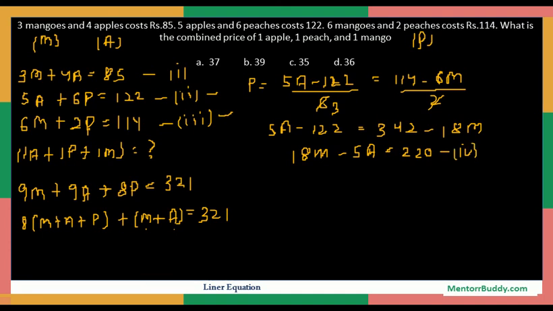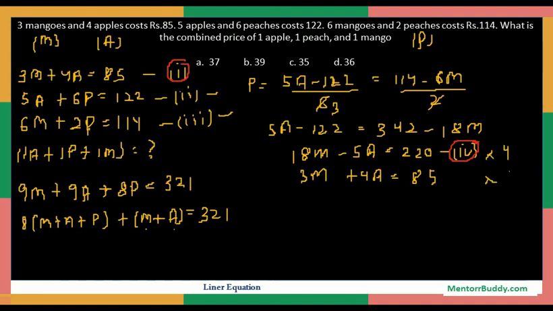Now we can see that the first equation and this fourth equation are both between M and A. So solving them simultaneously, we get the values of M and A. Here I'm writing the first equation also, that is 3M plus 4A is equal to 85. Now to equate with respect to A, I'll multiply by 4 in this equation and 5 in this equation.